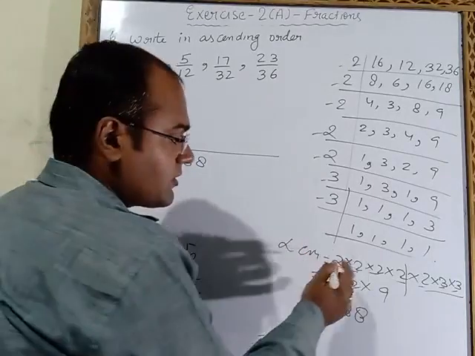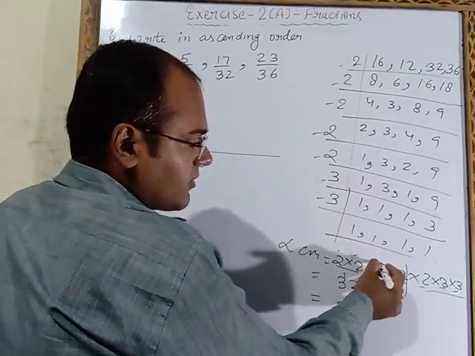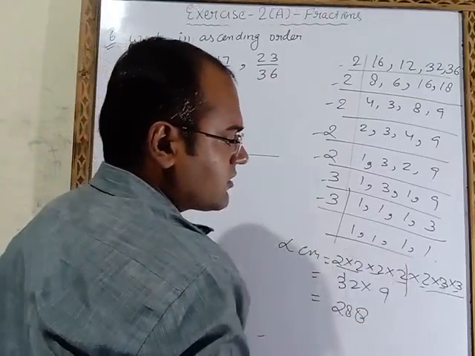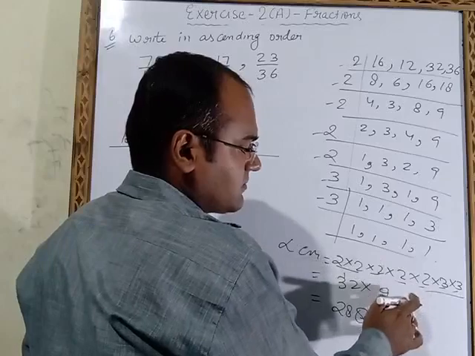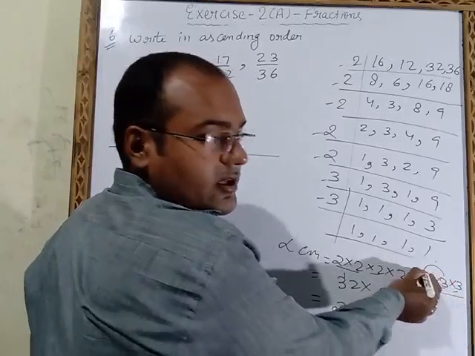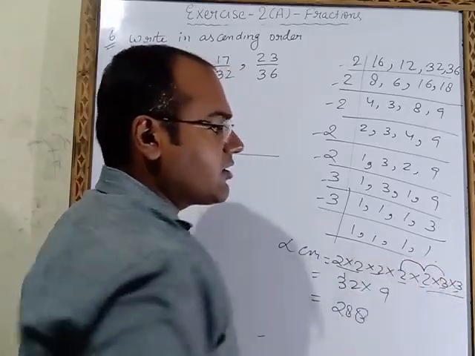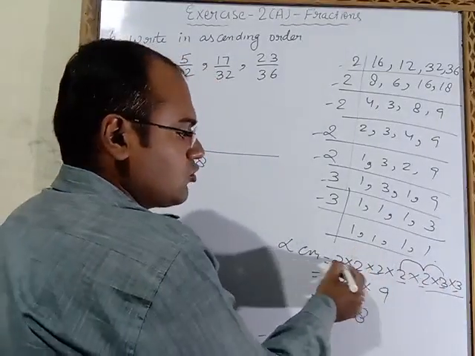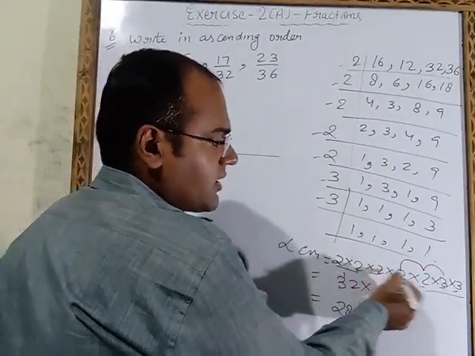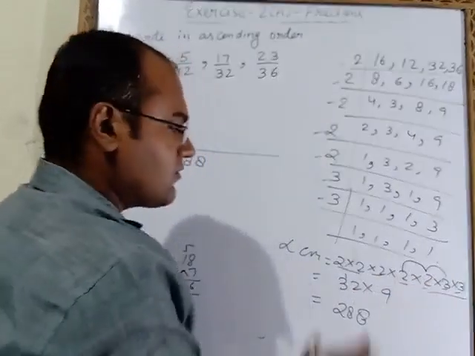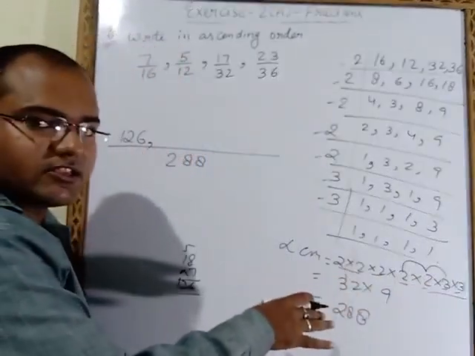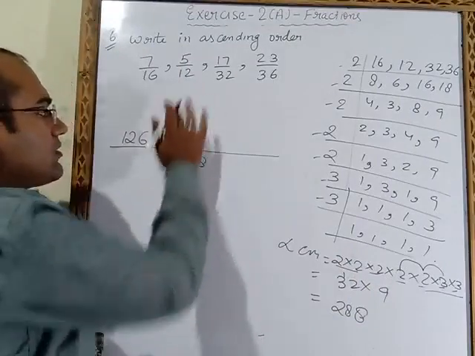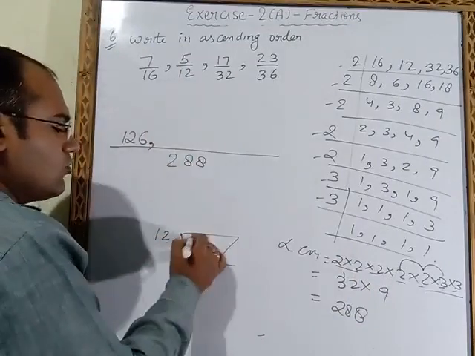Now we have to read the 12 table and check 288. Here we will take help. 2 2s are 4, 4 2s are 8, 12 we have to make. So in order to make 12 you take these numbers: 3 2s are 6, 6 2s are 12. 12 is over. Now the remaining numbers: 2 2s are 4, 4 2s are 8, 8 3s are 24. If you are facing any difficulty in this method, then you can divide 288 by 12.